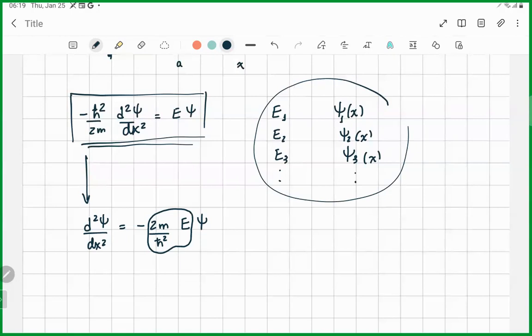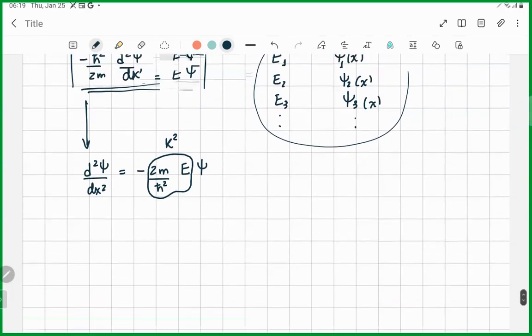It could be A, B, whatever you want. Well, we are going to be using k squared. Why k squared? Because of the way that this equation will look. It's convenient to have that k squared.